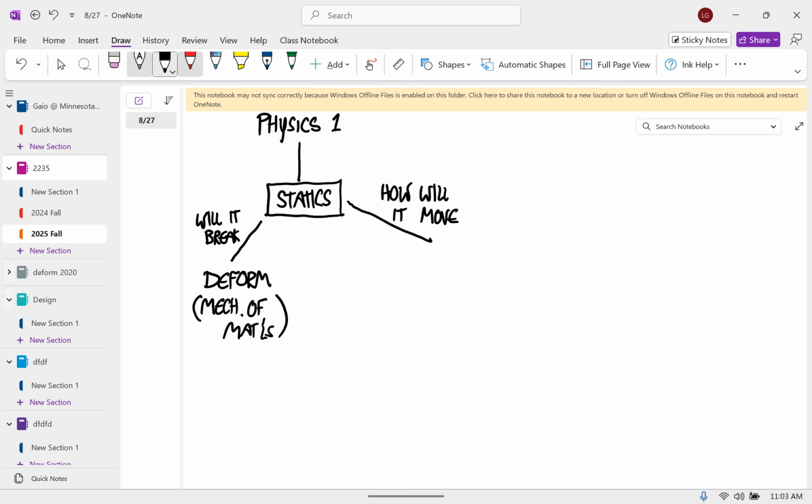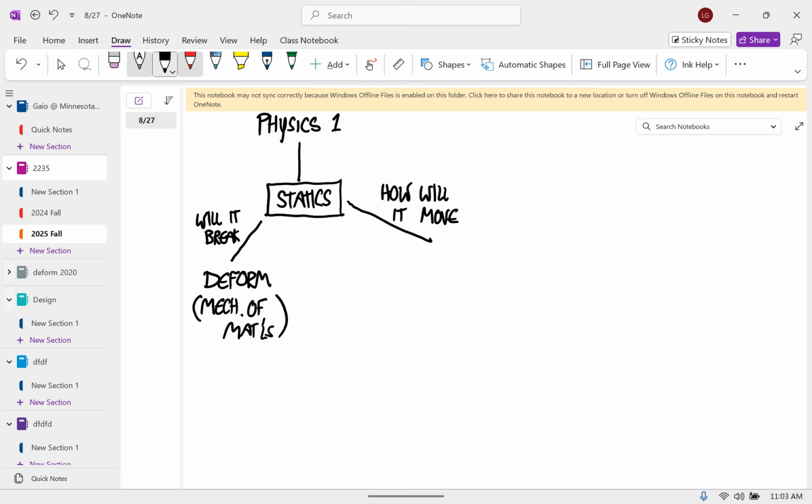After you've taken that, deform would normally be the last class in this path of topics that you would take before you transfer. And so everything else would be after you transfer somewhere.